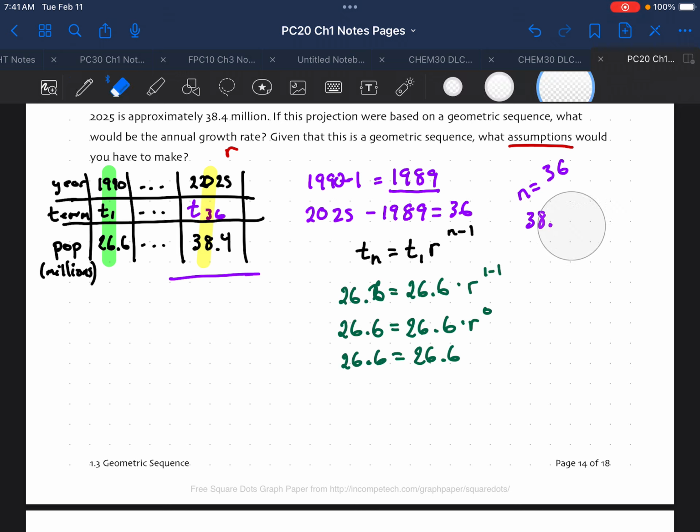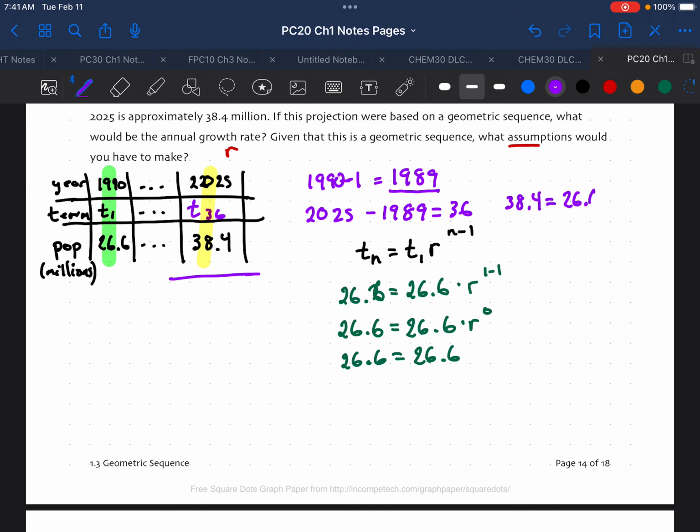I'm going to run out of space here, so I'm going to move it back a little bit. 38.4 is equal to 26.6 times r to the power of 36 minus 1. So this is 38.4 is equal to 26.6 times r to the power of 35. Now we need to isolate our variable r. So I'm going to divide both sides by 26.6.